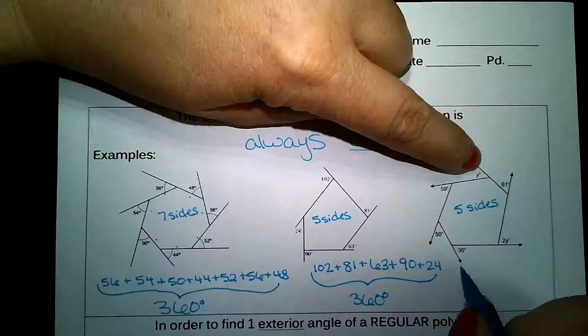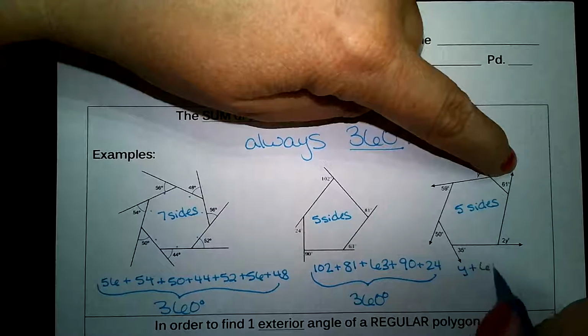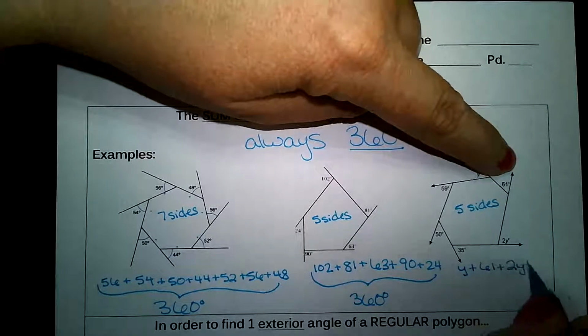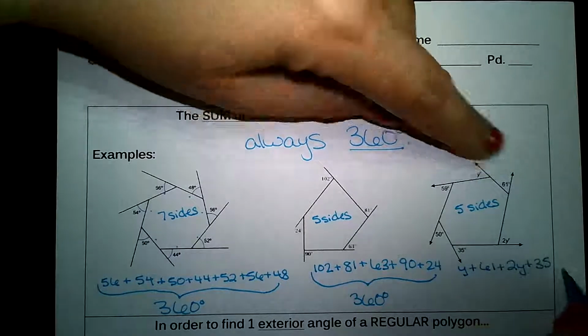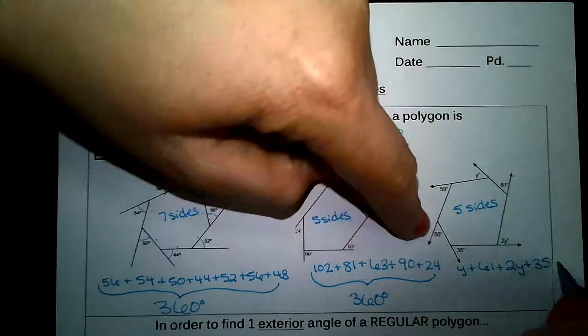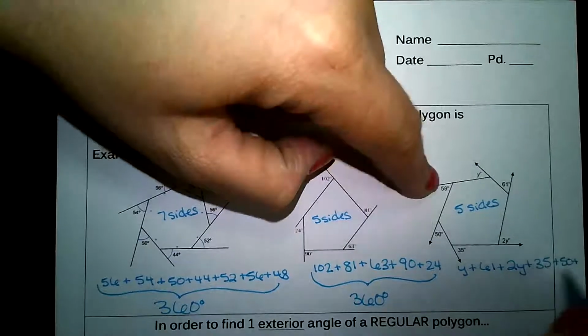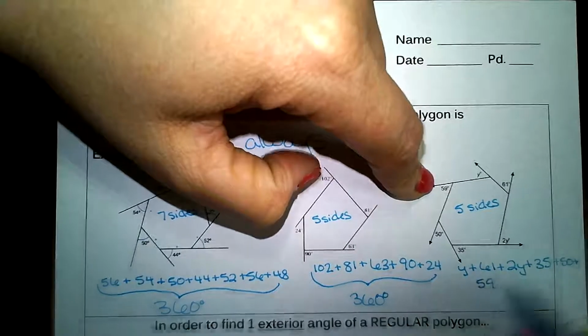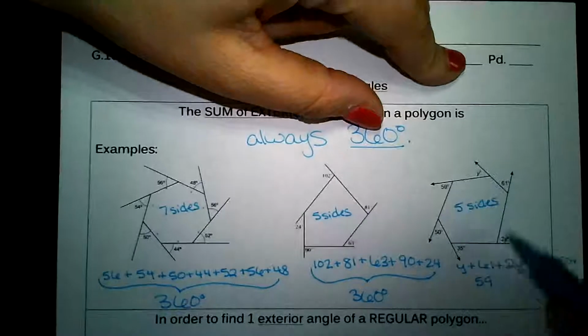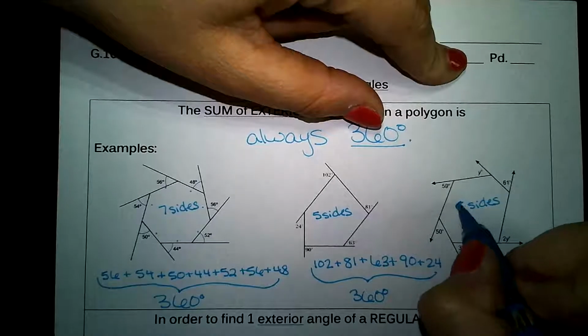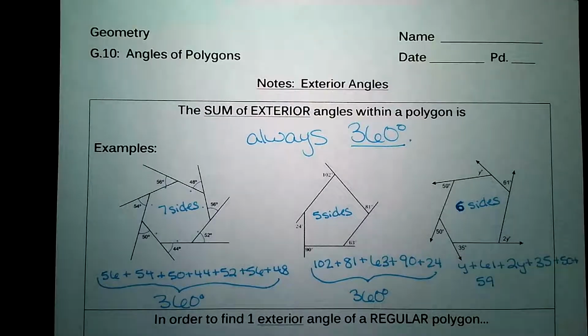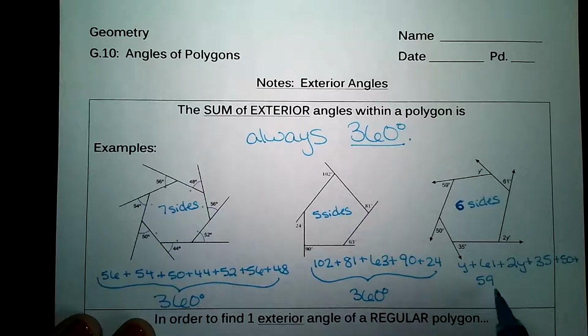We've got y, 61, 2y, 35, 50, and 59. 1, 2, 3, 4, 5, 6 sides to this shape. A hexagon. Okay, so if we add all that together, it has to be equal to 360 degrees.